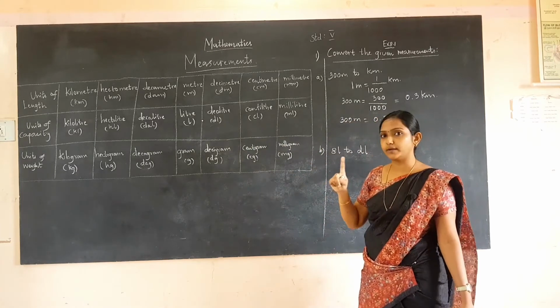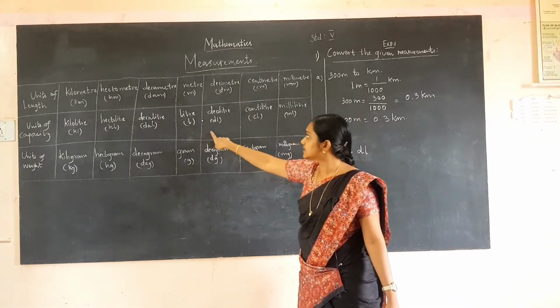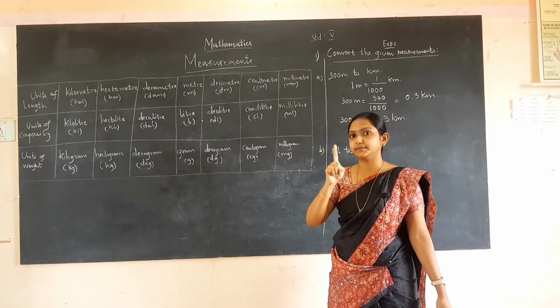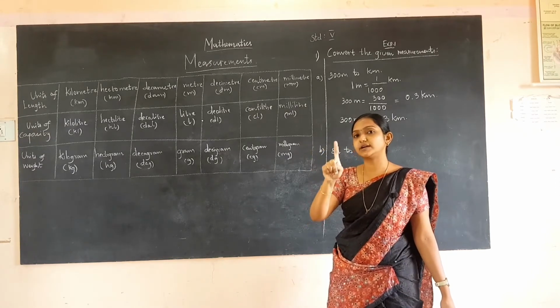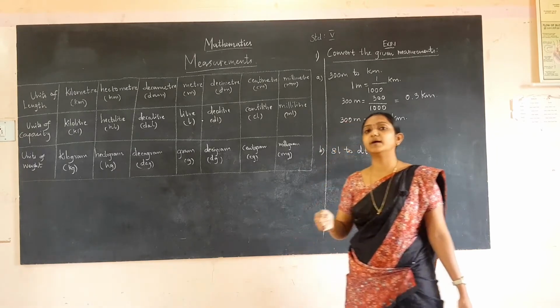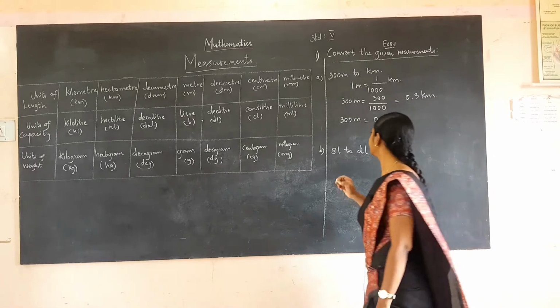We are moving only one place from liter to deciliter. So we have to multiply by 10; one place means 1 zero, so it is 10.